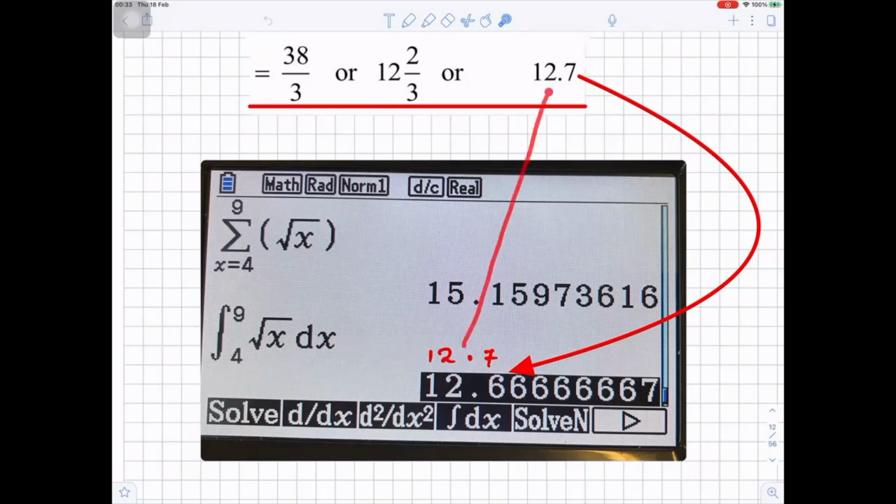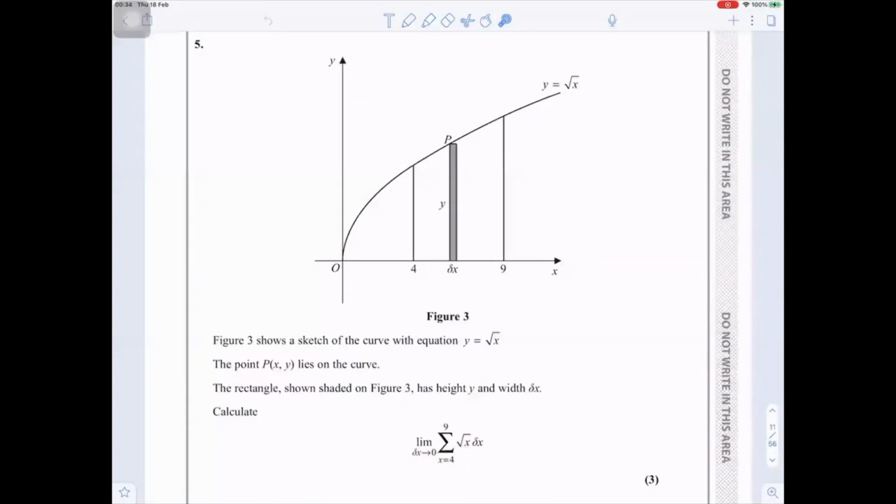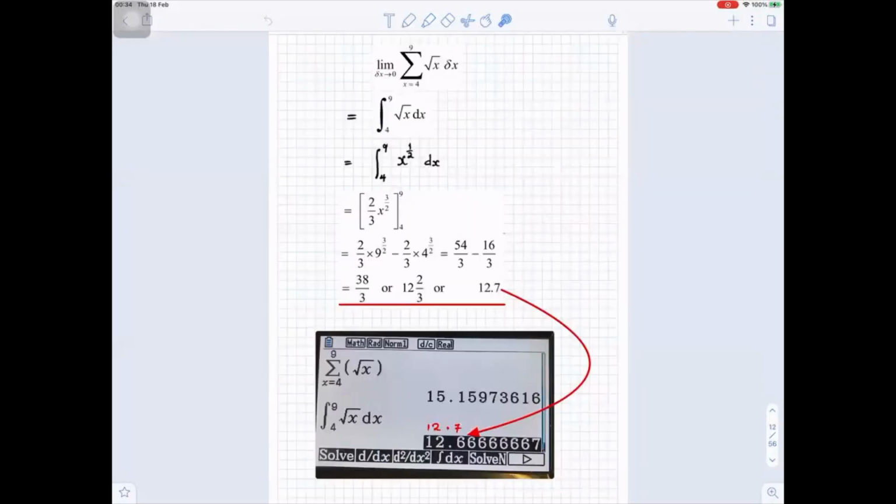So you can see that when you integrate, your answer is much more accurate than when you are summing them up, because there you are using bigger slices, but here you're doing very thin slices. So make sure you integrate to show your working. Don't just use the calculator to get the answer. And that's how you get your answer in the exams. That's question 5. That's your complete answer for question number 5.